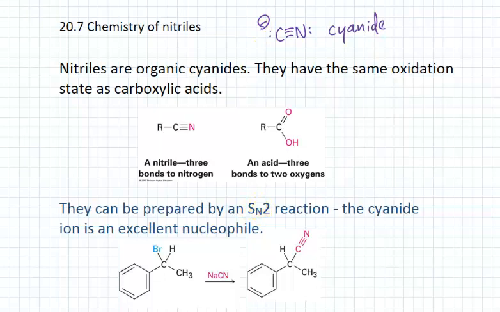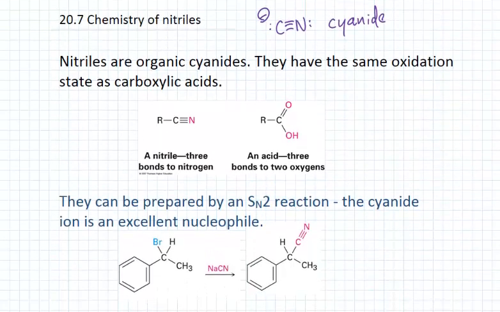The cyanide ion is a perfect nucleophile for an SN2 reaction. Sodium cyanide, remember we said, is CN minus. The cyanide ion can attack this carbon that has the leaving group on it. That'll head out, and we'll do an SN2 reaction to produce this nitrile right here.